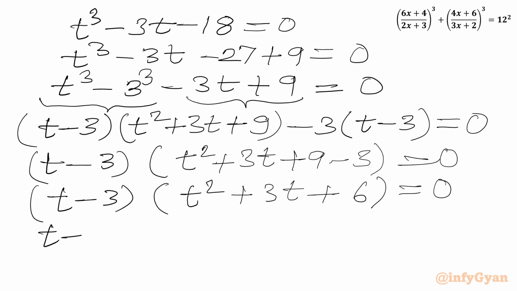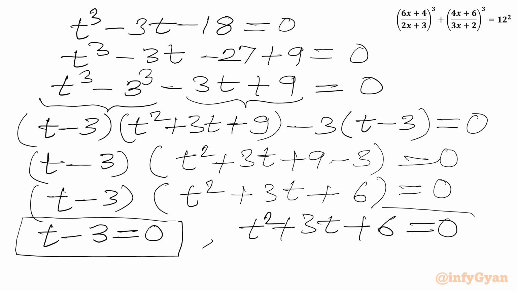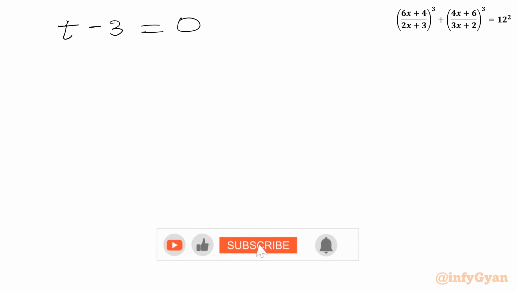So from here we can conclude either t minus 3 will be 0 or quadratic t square plus 3t plus 6 equal to 0. Let's solve both the equations one by one. So our first equation was t minus 3 equal to 0. So t will be equal to 3.